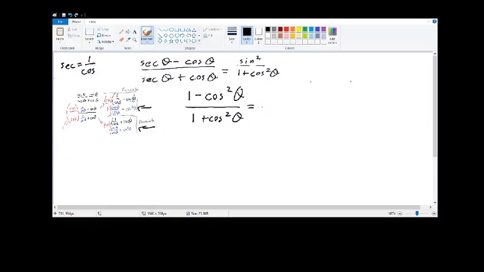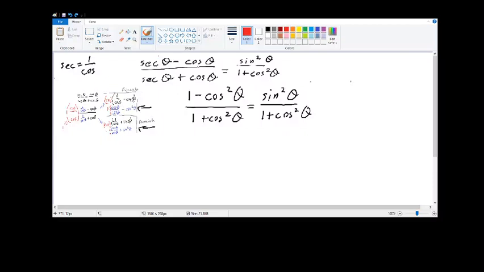Now at this point we have two paths. I'm going to bring back the sine squared theta that we have from our original equation over the 1 plus cosine squared. Now at this point, we have a common ground between our cross multiplication, so we can actually cross multiply the 1 minus cosine squared times the 1 plus cosine squared, but I'm actually seeing something a little different.